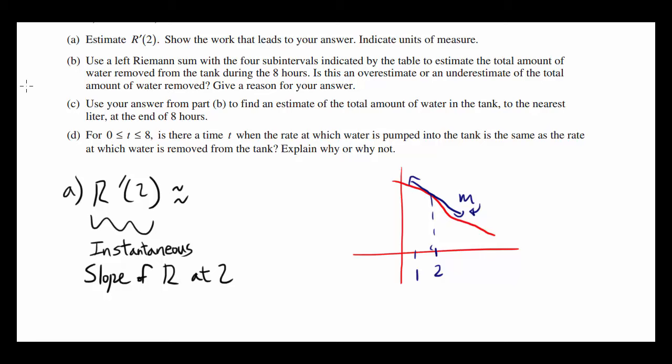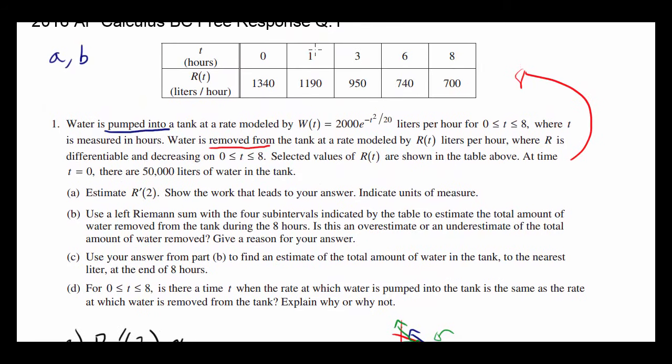The way we can approximate this is by finding two values close to 2, which we know the y value of, and using them to calculate the slope of the secant line. Obviously, the slope of this line is not going to be the same as the slope of the actual tangent line, but it should give a pretty good approximation. In this case, we know the value of R at 1, and we know the value of R at 3.